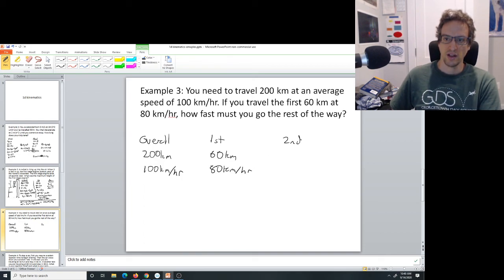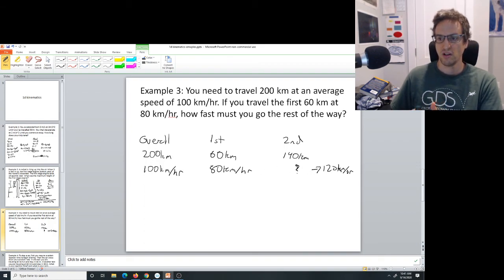And the second part is, I guess we know it's 140 kilometers. The question is, what's this? Well, the easy answer is, I need a 100 kilometer average, so I would average 80 in this, and I would say it's got to be 120, right? That 100 kilometers per hour is the average of these two values.